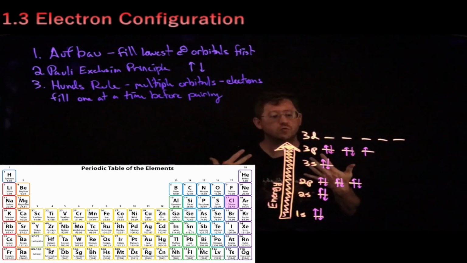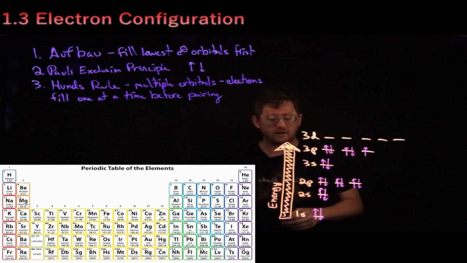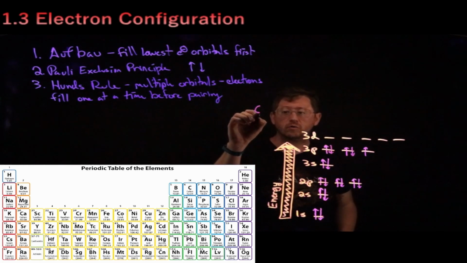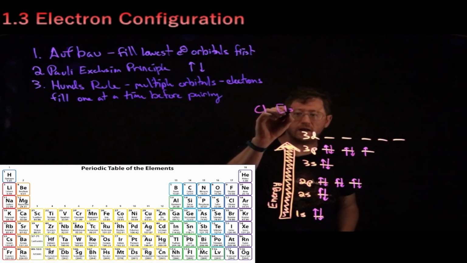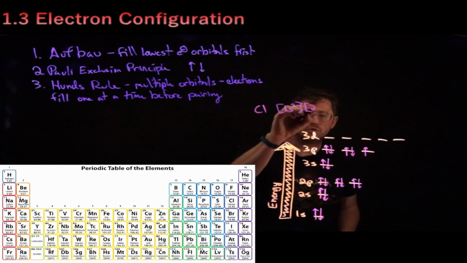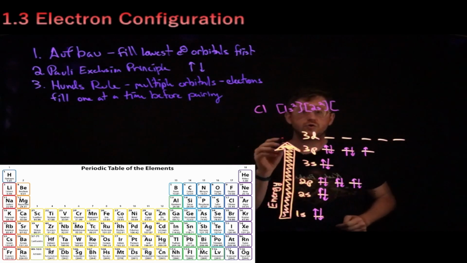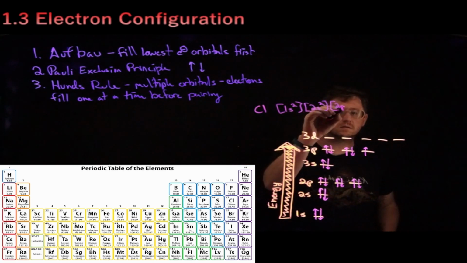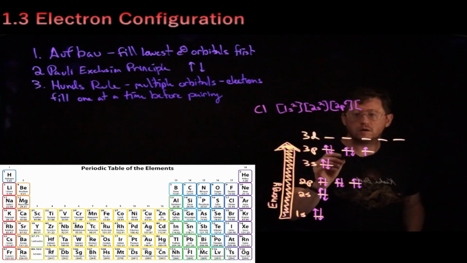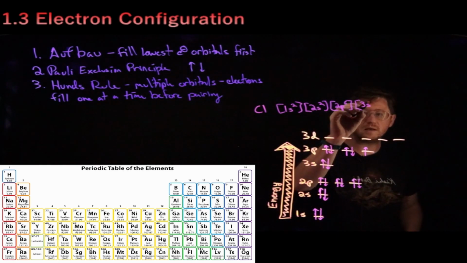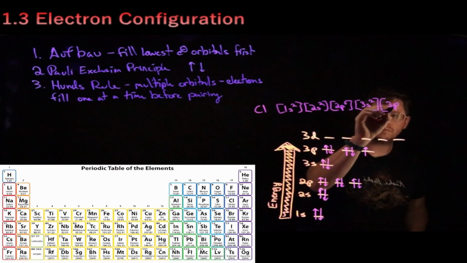If we were to write out chlorine's electron configuration, it is 1s2, 2s2, 2p6, 3s2, 3p5.